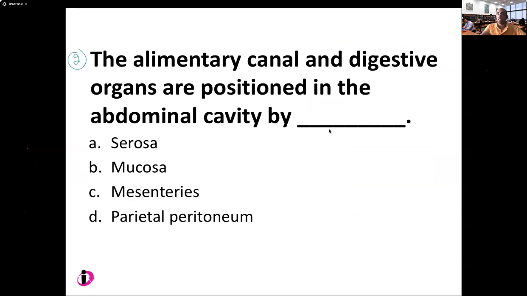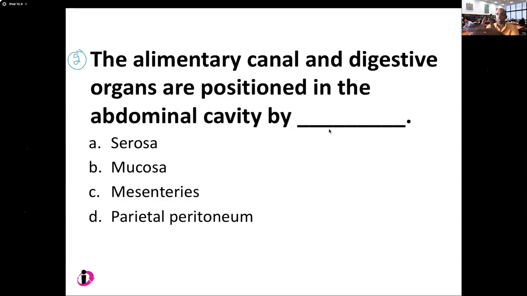For our second in-class activity for today's session, what do you think is the answer on here? The gastrointestinal tract and digestive organs are positioned in the abdominal cavity by serosa, mucosa, mesenteries, parietal peritoneum.